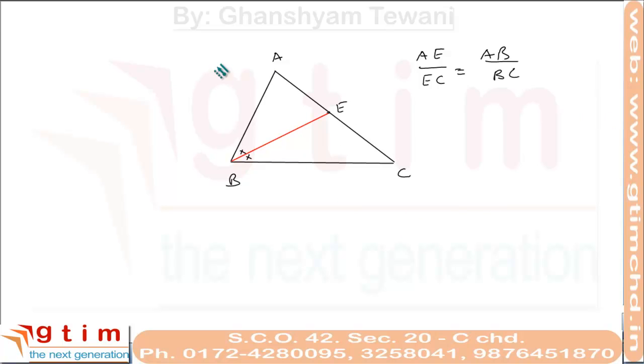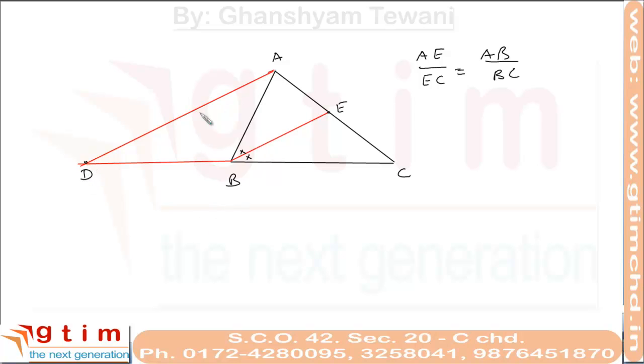Let's draw one line parallel to line BE from vertex A. Extend BC. Suppose this extended side BC and the line parallel to BE from vertex A intersect at point D.